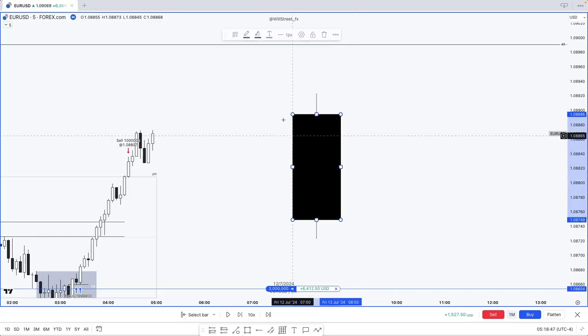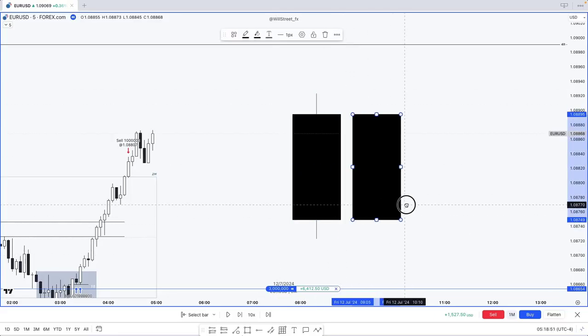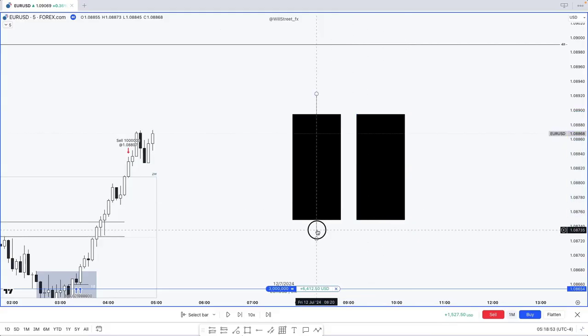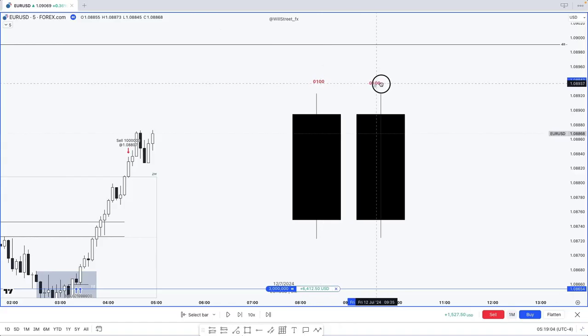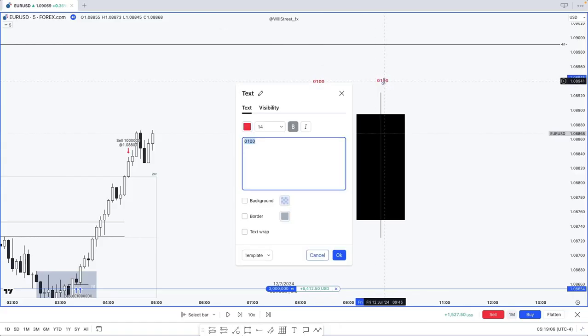Okay, so these are the 4-hour candles, and this is 1 a.m., which is London expansion, and this is 5 a.m., right?